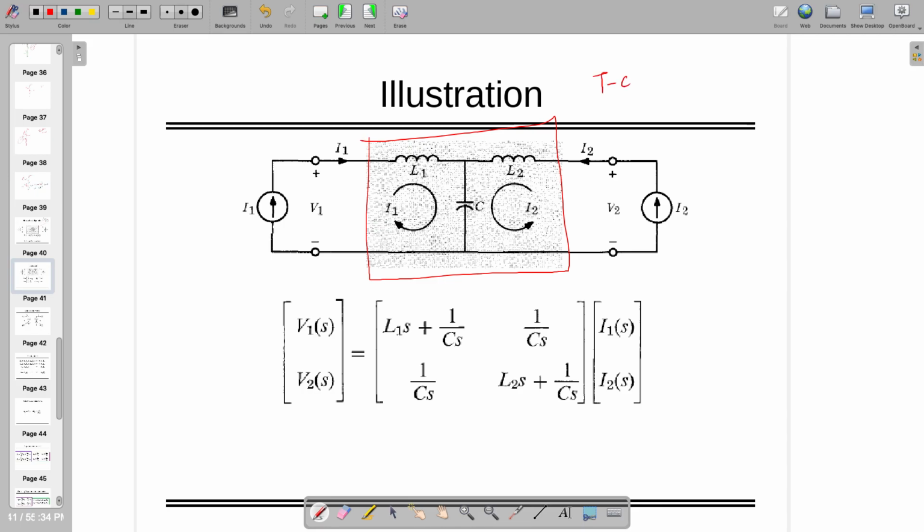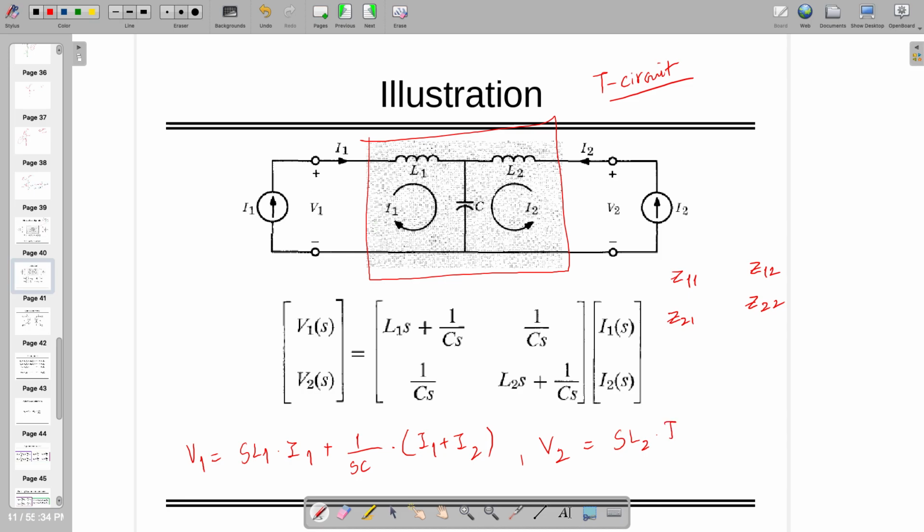This is a T circuit where I can find out Z11, Z12, Z21 and Z22 by applying even this mesh analysis, and through that we can write down V1 is equal to SL1 times I1 plus 1 by SC times (I1 plus I2), and V2 is equal to SL2 times I2 plus 1 by SC times (I1 plus I2), right?